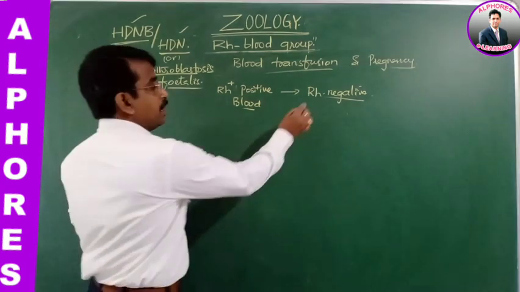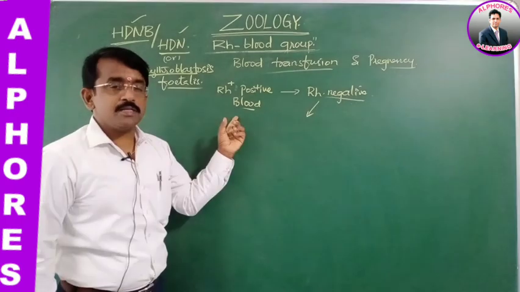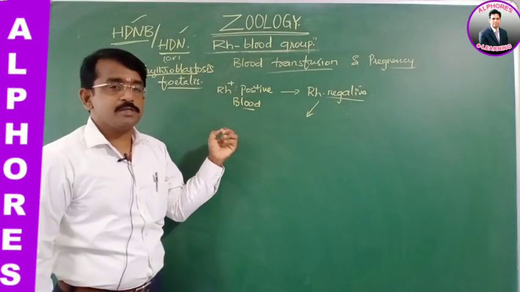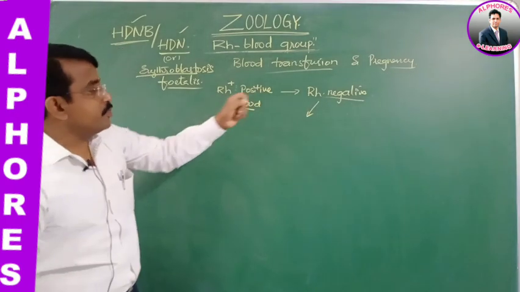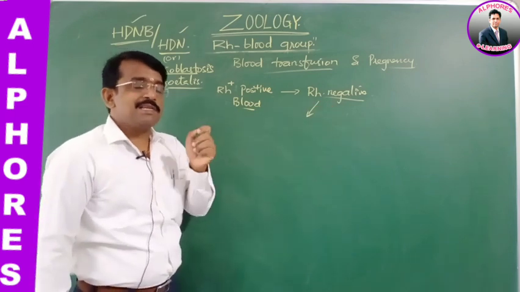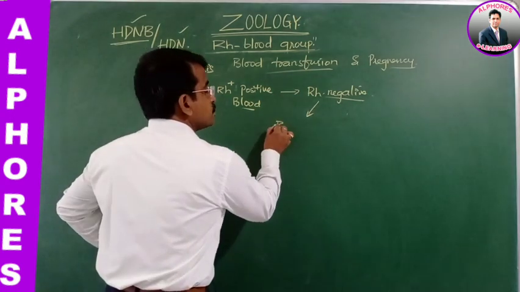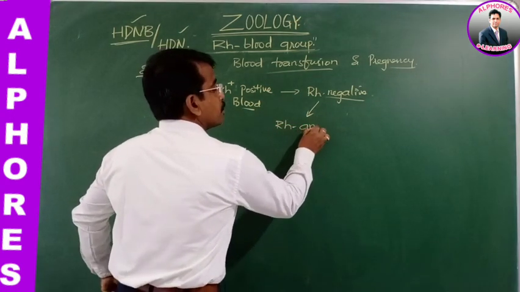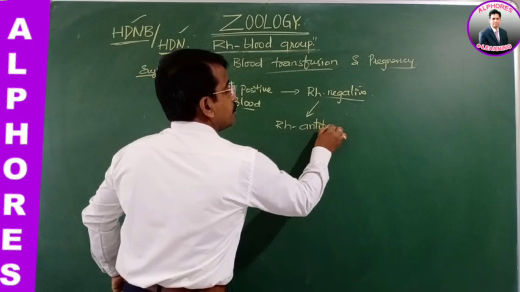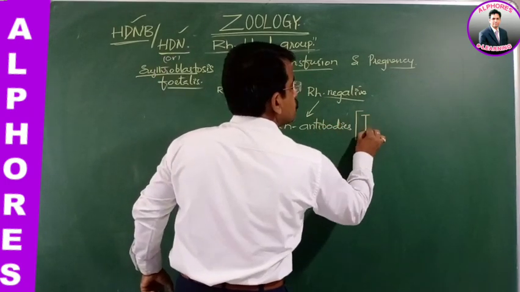Rh positive blood means it carries the Rh antigens. When this is introduced into the Rh negative recipient, the recipient's immune system is sensitized and produces Rh antibodies. These are nothing but the IgG type.